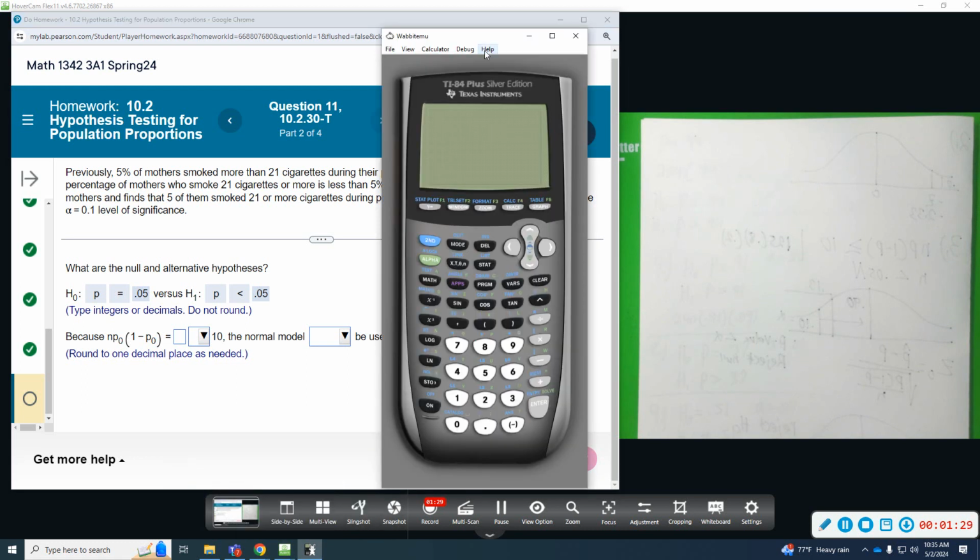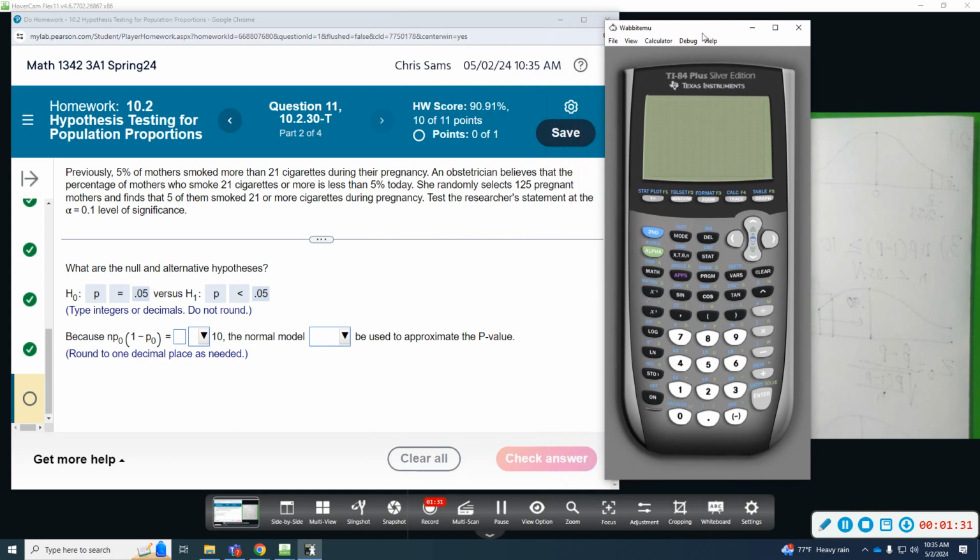So we're going to do our sample size of 125 times the 0.05, that's the p. 1 minus p is going to be 0.95. I haven't been writing it, but I've just been doing the math. You get 0.95, and this gives us 5.94.